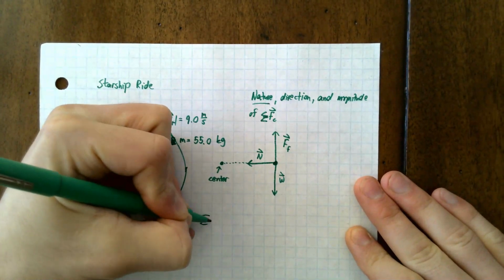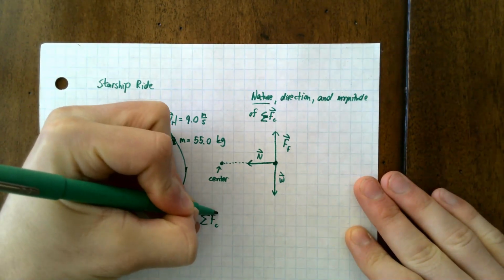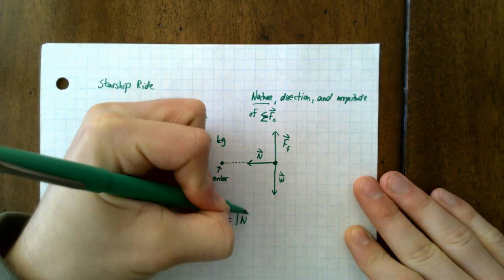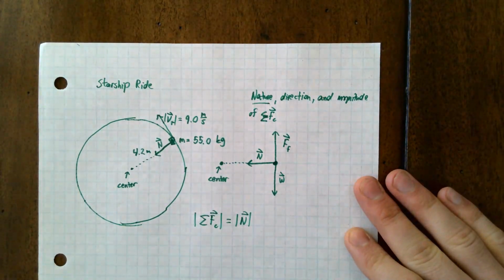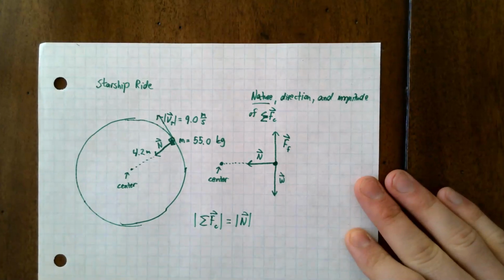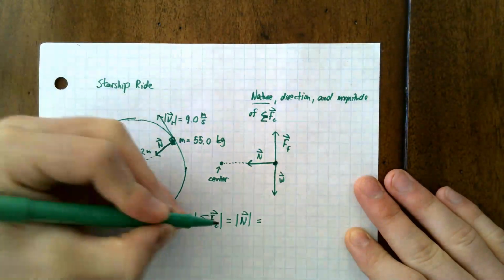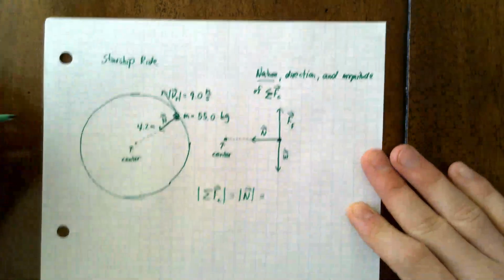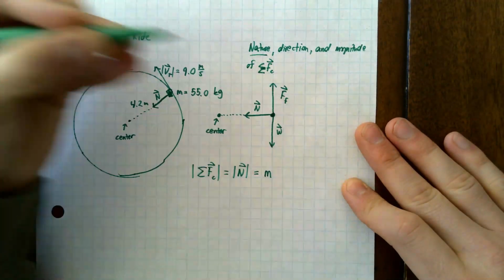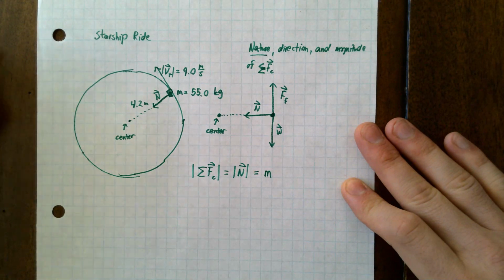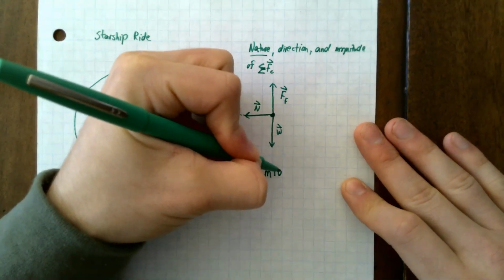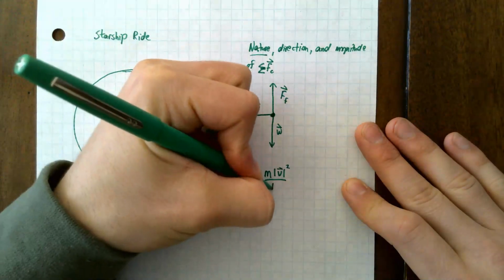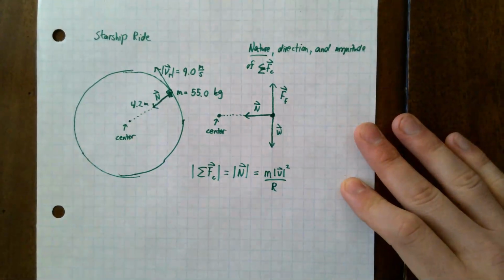The magnitude of the centripetal force, which we know is the normal force. We know that any net centripetal force can be characterized by the mass of the object undergoing circular motion, times the square of its speed, divided by the radius of the circle it is traversing.